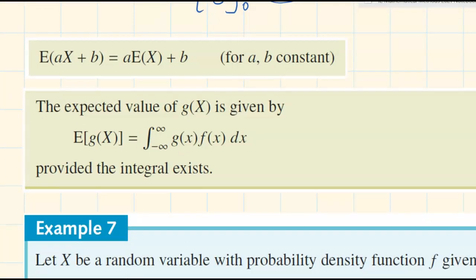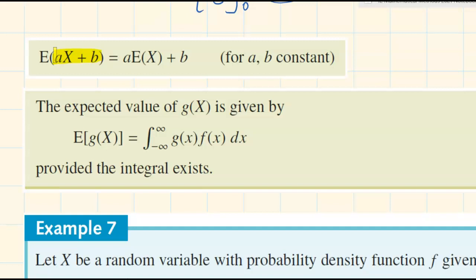If we are looking for the expected value of, this is x, but something has been changed. We have multiplied x by a number, a constant, and we have added a constant to x.